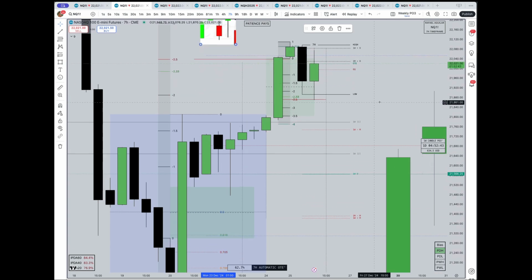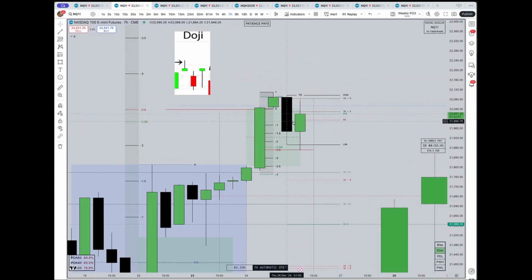So we know that the rule is if we close below the 2.5, we trade until 4. Price traded until exactly 2.5, rejected, and we got a reversal. Exactly, I mean, not one tick more or less.